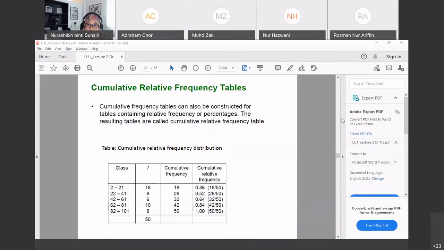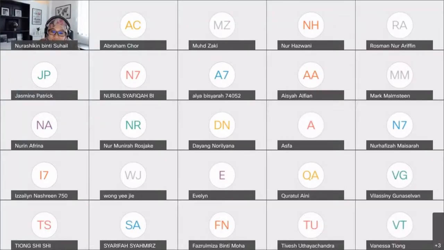For example, let's say I give an example of this data.